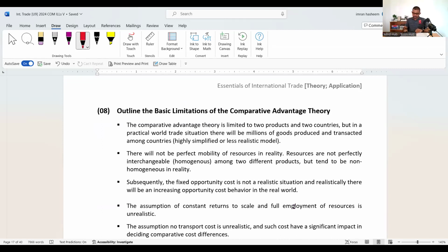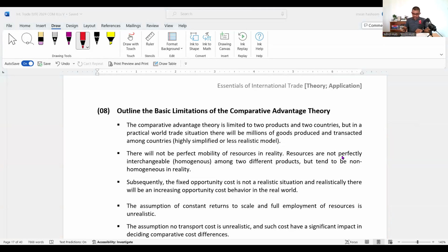On page 7, in question 7, at the bottom of the page, you will find the assumptions of the comparative advantage theory. I'm going to do a quick run-through of the assumptions so that we understand the limitations.